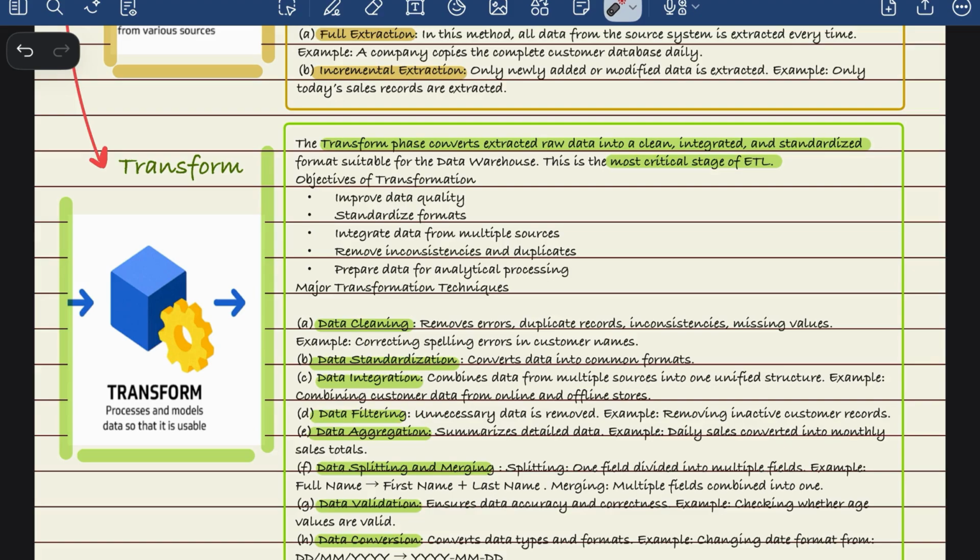Sometimes the format changes automatically when we are loading it, so we need to ensure the text is in text and the numbers are in numbers. Sometimes numbers are converted into text, which acts as a barricade for our analysis. So we need to ensure that our data is of the exact type its values are.